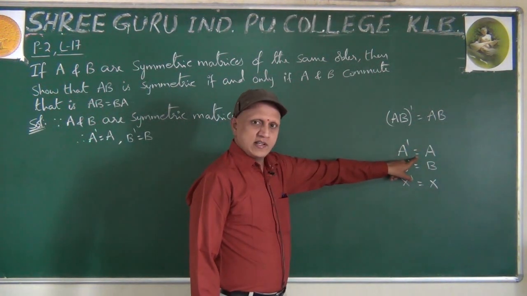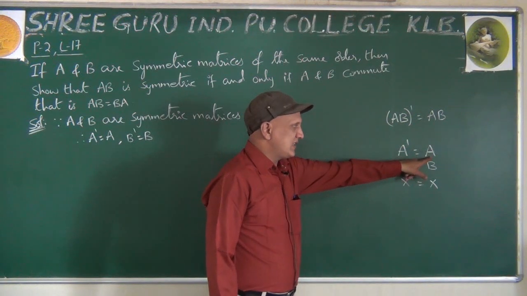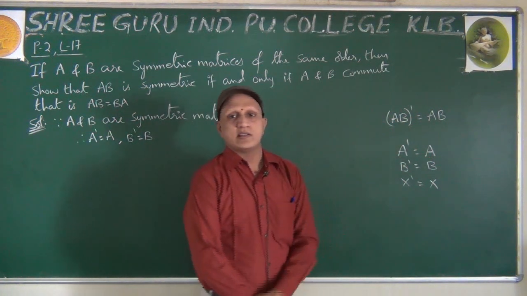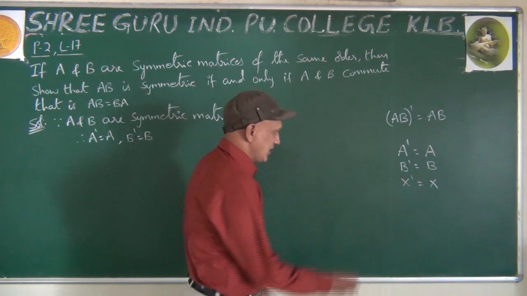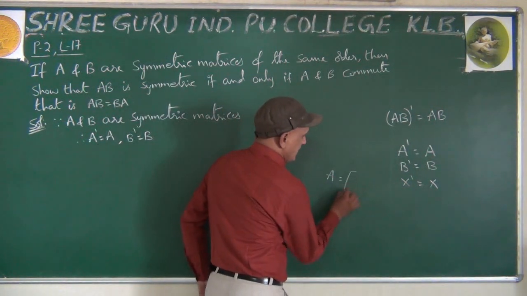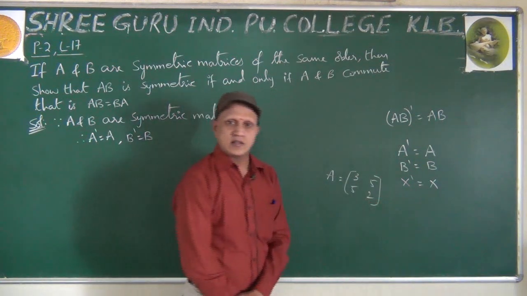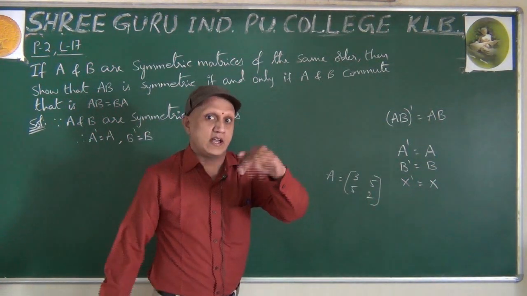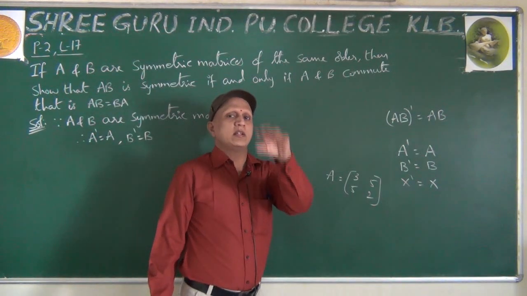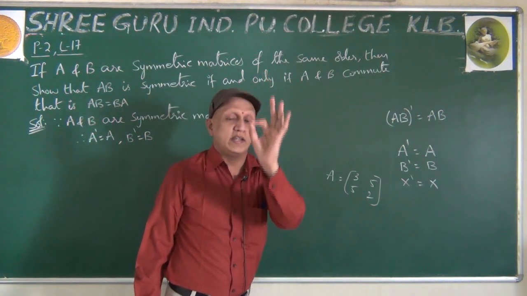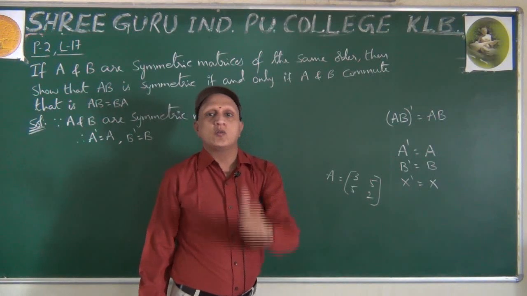If the answer is the given matrix, then we can say that the given matrix is a symmetric matrix. I think you did not remember. Capital A equal to 3, 2, 1, 5. This is a symmetric matrix. How to find? We have to find A dash. Remember, point to be noted. We have to find A dash.